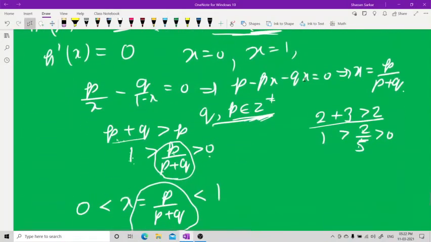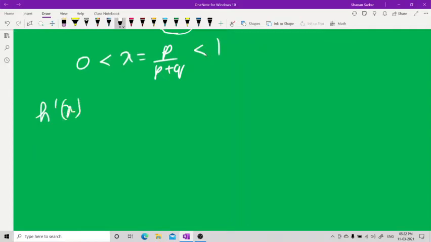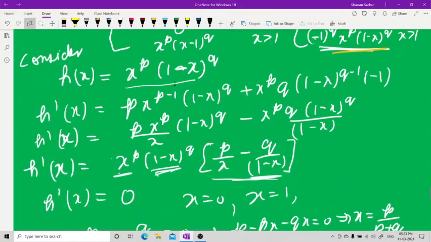Now you see h double dash x. In the next part, you will see h double dash x for this point. Wait a minute, let me rub all this. Now you see h dash x was nothing but, let us reformulate the whole h dash x.